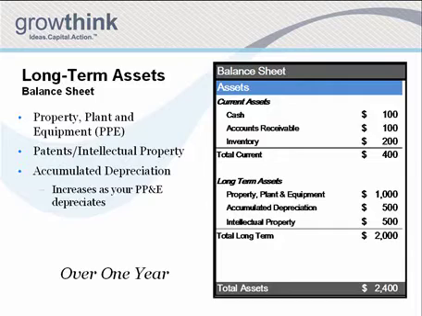And you're also going to show here your accumulated depreciation, which increases as your plant, property, and equipment depreciates. That has to do with your depreciation schedule. As you depreciate your equipment, that goes into your expenses, on the expense part of your income statement, and that's going to add to your accumulated depreciation on your balance sheet.